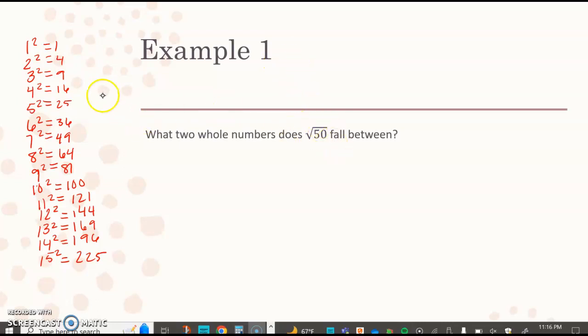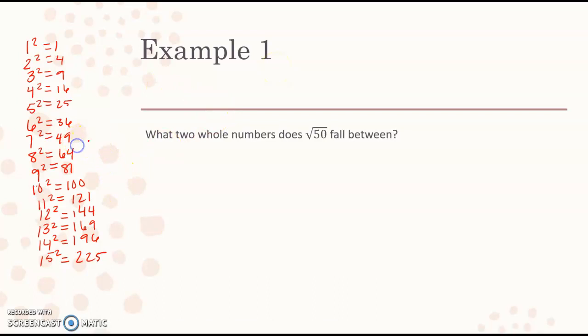So example 1, what two whole numbers does the square root of 50 fall between? What I'm going to do is look at this column that has the perfect squares, 1, 4, 9, 16, etc. And I'm going to see where 50 falls between. And so 50 fits between 49 and 64, right?